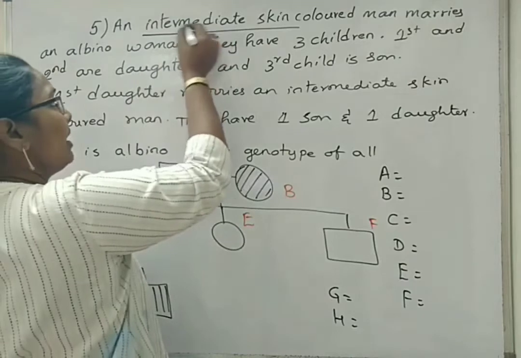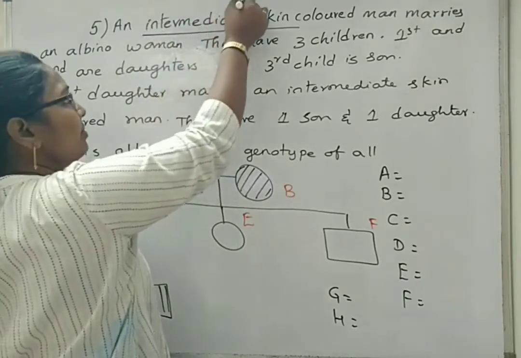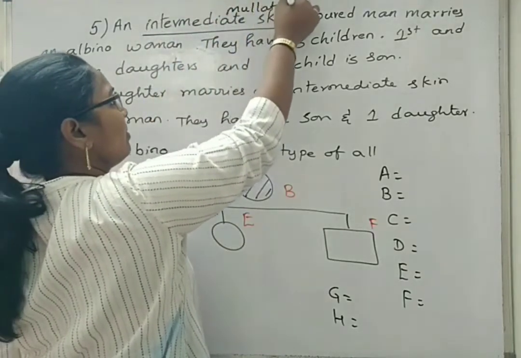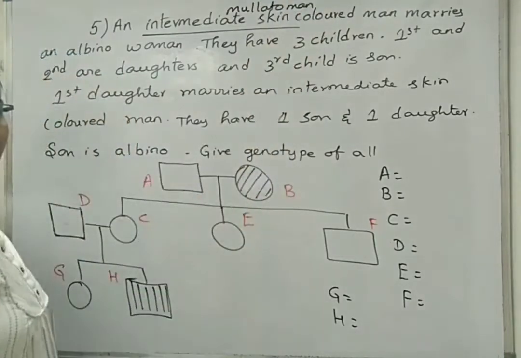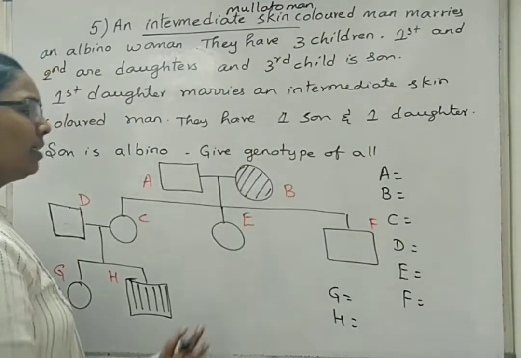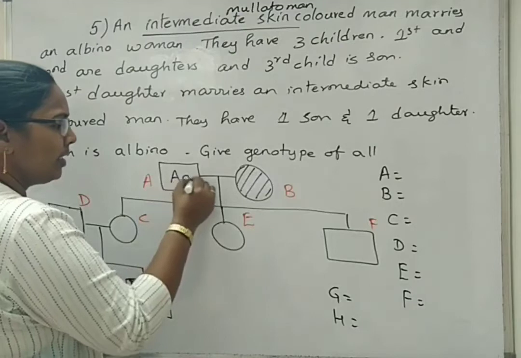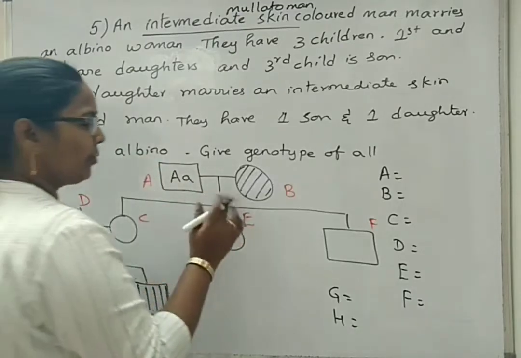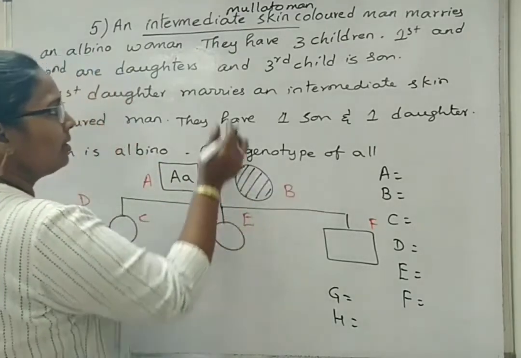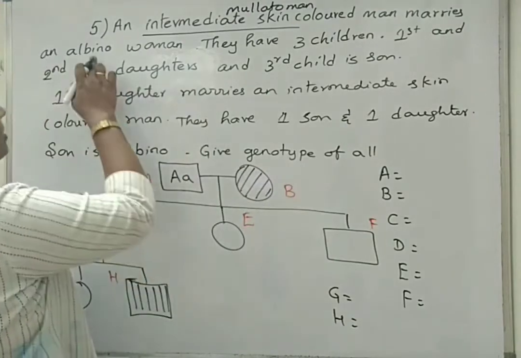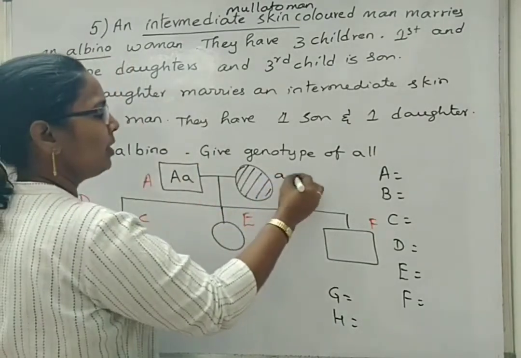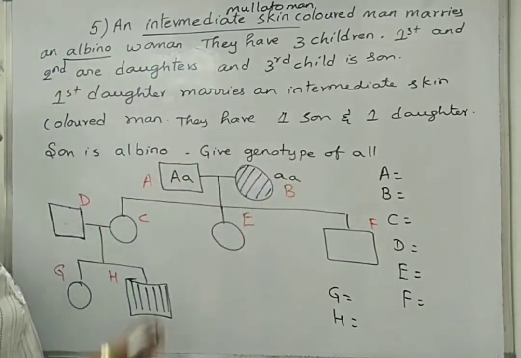It means that they are talking about mulatto man. This is related to actually trihybrid, but for our convenience, just we will take trihybrid type of genes, allele forms. They have included the term like married an albino woman, means purely recessive genes.